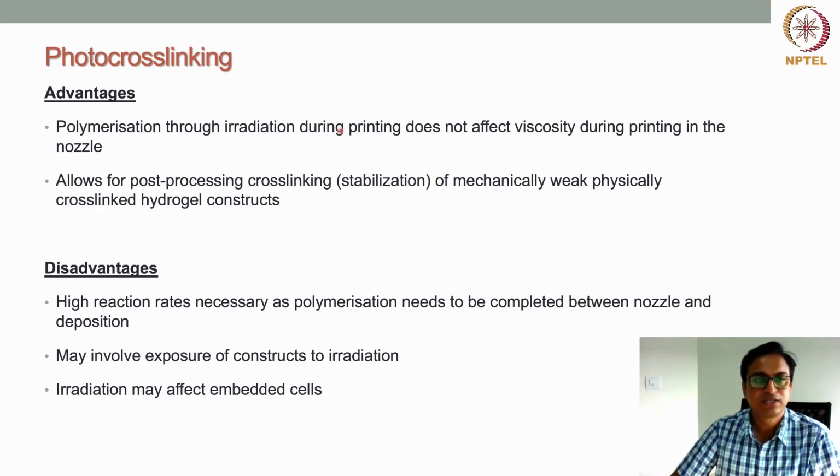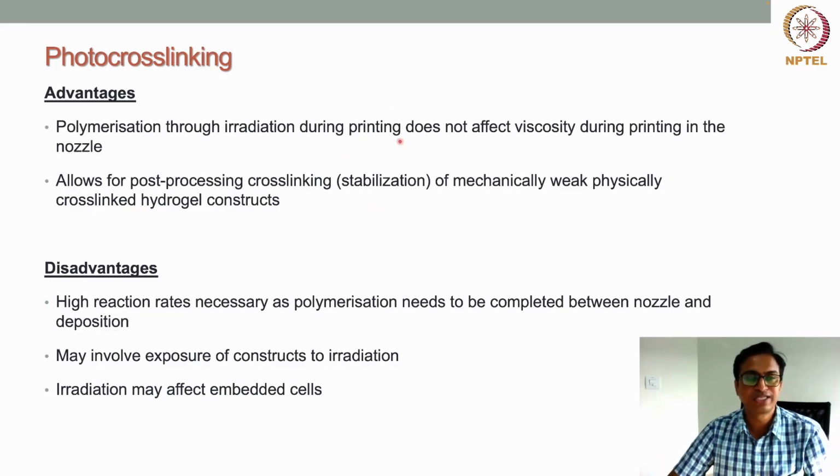So photo cross-linking has the advantage of being usable during in situ bioprinting. The other thing is, it also allows post-processing cross-linking for stabilizing mechanically weak, physically cross-linked hydrogel constructs.